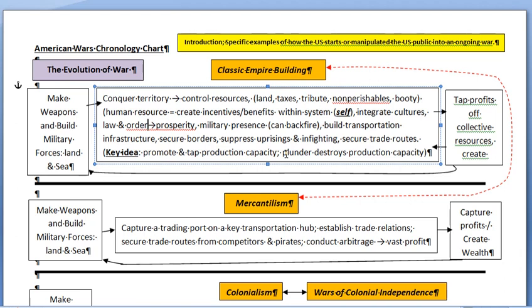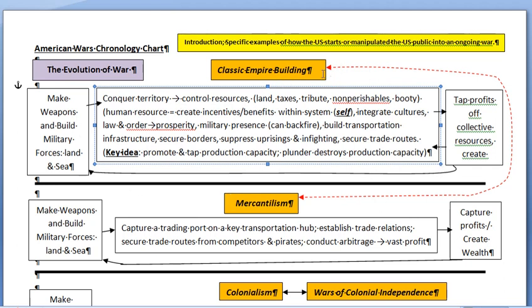So plunder destroys production capacity. You could think of the Thirty Years' War or something like that, or modern day, the new wars, where it destroys production capacity and just creates conditions of desperate poverty. So from this you tap wealth, and with wealth, then you go back and build your military resources.